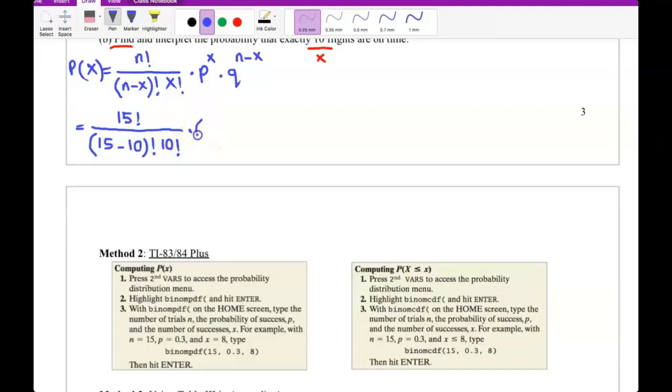Now p is 80% to the power x, which is 10, multiplied by q, or probability of failure, which is 20% to the power 15 minus 10.